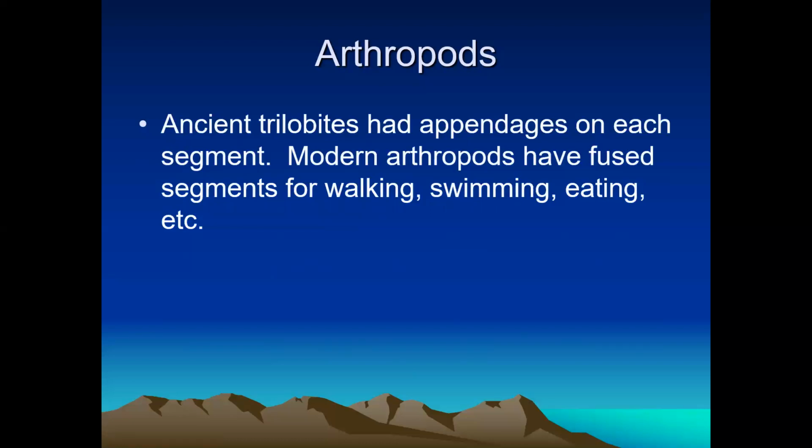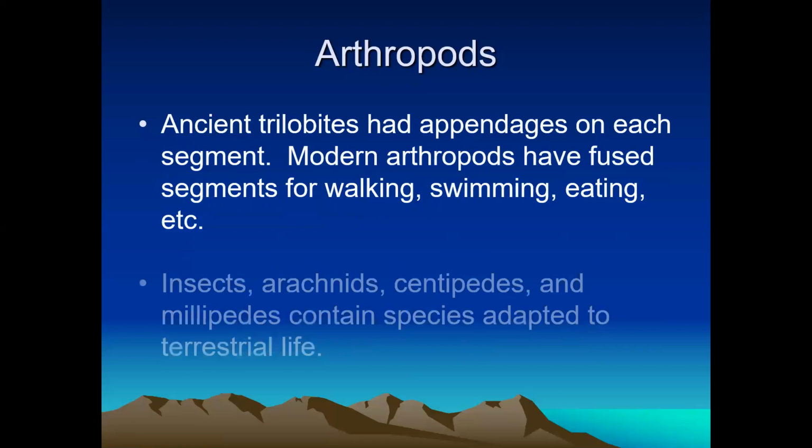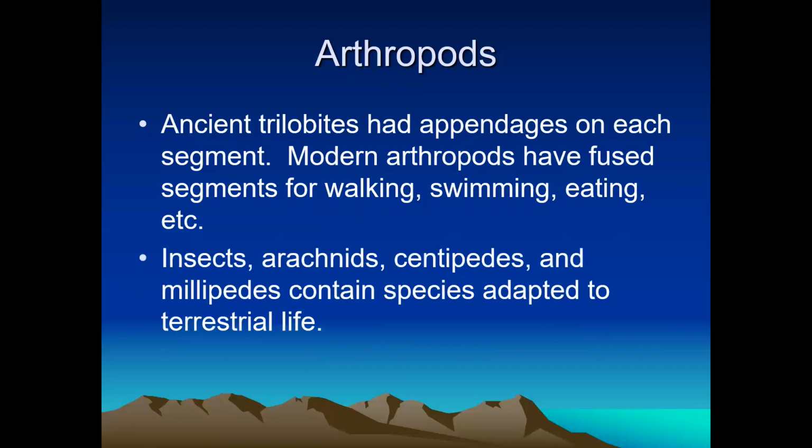Ancient trilobites, which you saw Sagan talking about in that very first film at the beginning of the semester, had appendages on each segment. They're the earliest fossil remains of this phylum. Modern arthropods have fused segments for walking, swimming, eating, etc. More examples are insects, arachnids, centipedes, and millipedes, and they are all adapted for terrestrial life.